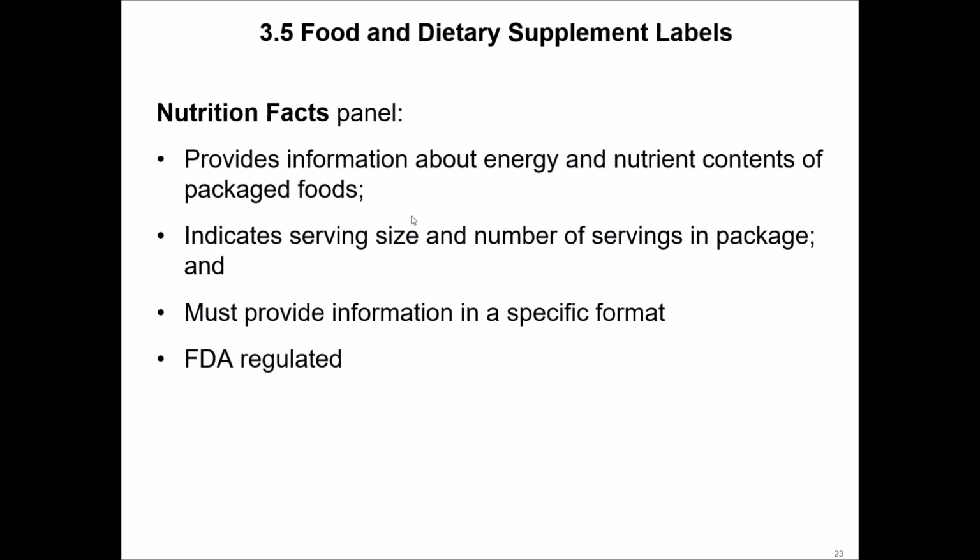It's going to have a particular format. It's going to be consistent, and so that means it doesn't matter if you're looking at a package of potato chips or a package of whole wheat crackers or bread or something like that. It's going to have a particular format that's going to make it a little easier as you're going down the grocery aisle looking at that information.